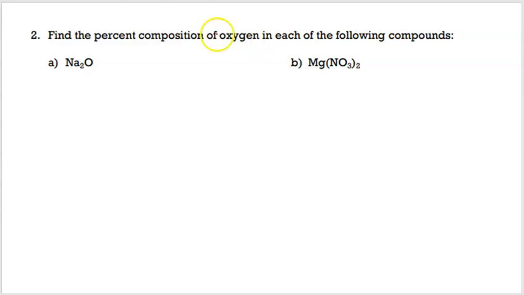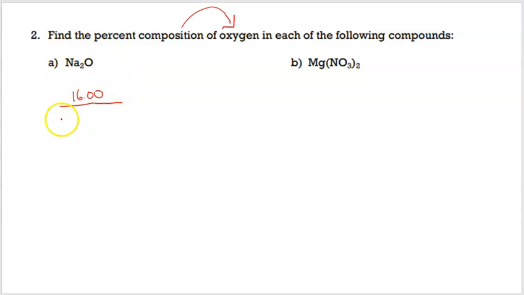All right, moving on. So we want to find the percent composition of oxygen in each of the following compounds, right? So again, out of the total mass of the compound, what percent is coming from the oxygen? So again, we'll set up our fraction for part A here. We have 1 oxygen shown, so it's just going to be 16.00. We don't need to multiply that by 1. We're just going to get the same number, right?